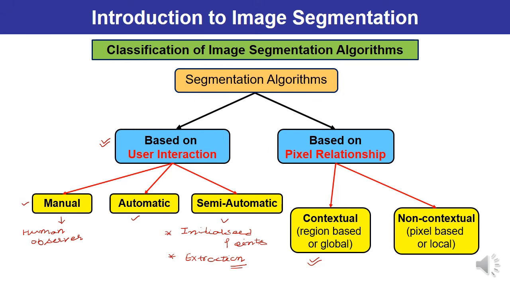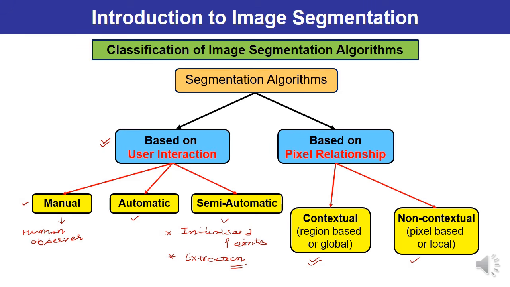That is why we are saying region based, the region which is having common properties in general. You must remember it. And here pixels are grouped based on some sort of similarity which exists between them. Similarity may be on the basis of color, gray value, or texture. So this is how you can explain the contextual.